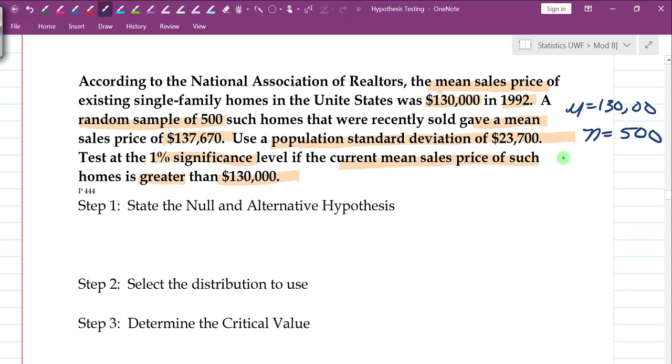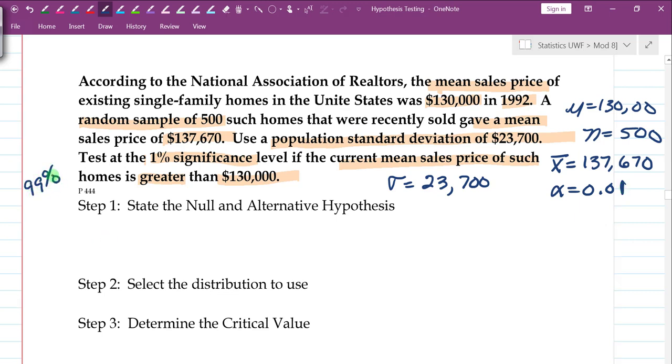So that x bar is equal to 137,670. Our population standard deviation, sigma, is equal to 23,700. It says test at a significant level of 1%, which means that alpha is equal to 0.01, or that I want to be 99% confident of my results, okay?